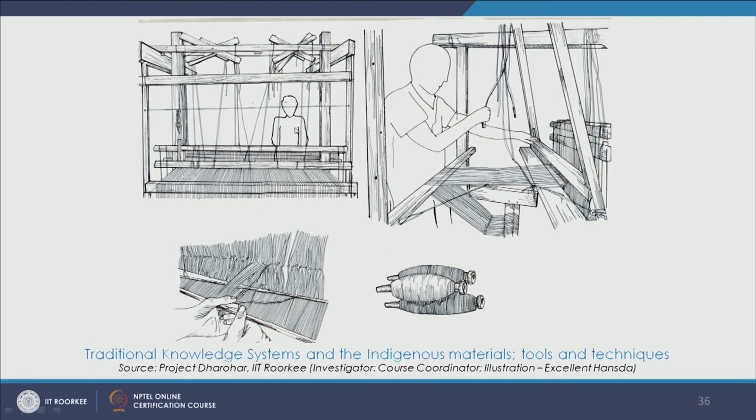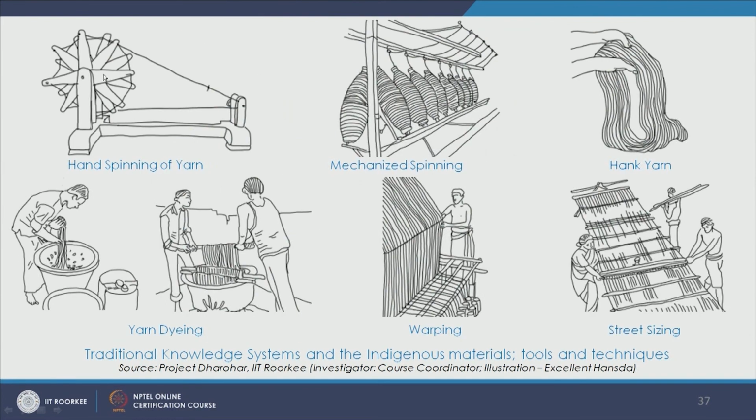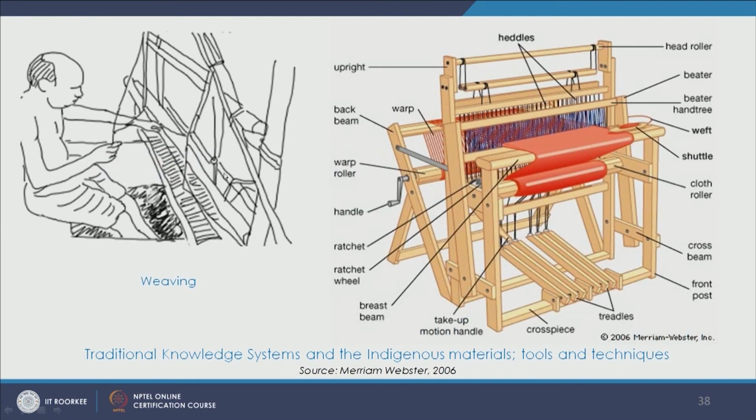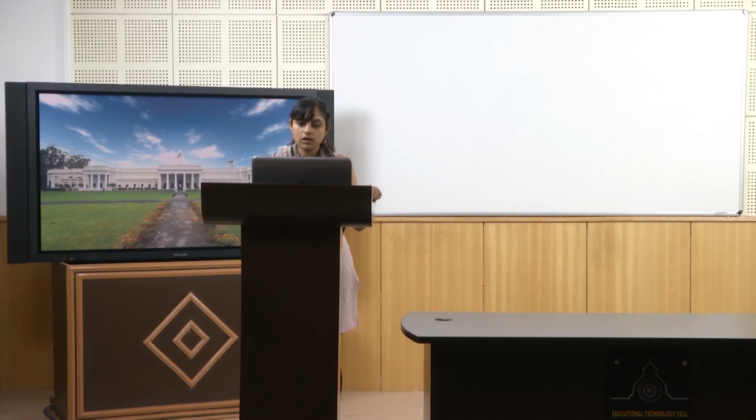Through illustrations we tried to understand different stages, what yarn is, what the different stages are that go into weaving, and how the yarn finally reaches the loom. We tried to understand what a handloom is, what its different components are, and what a warp and a weft are. So we tried to understand all these important terminologies related to the weaving craft.